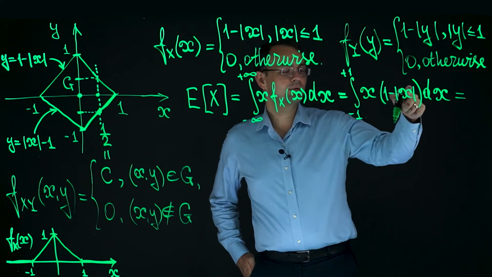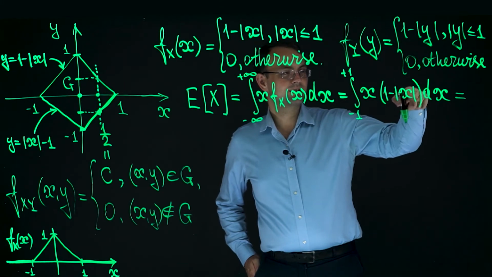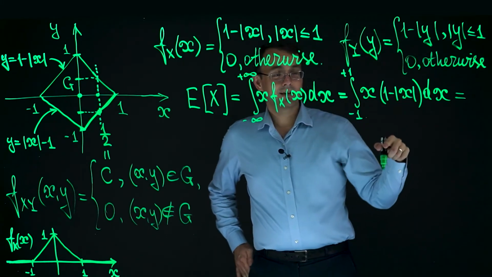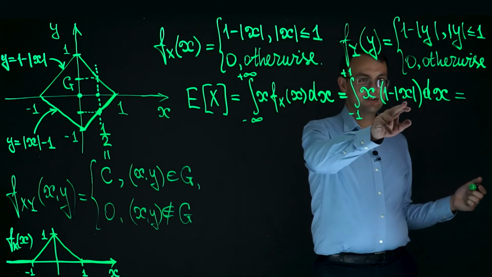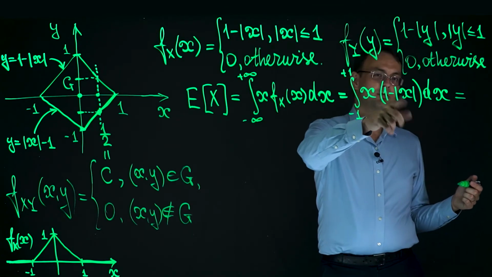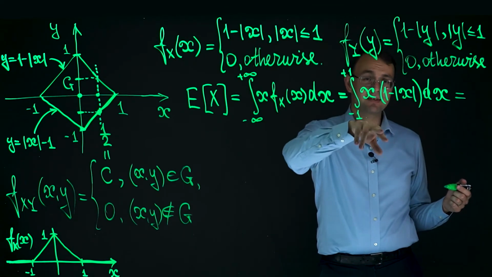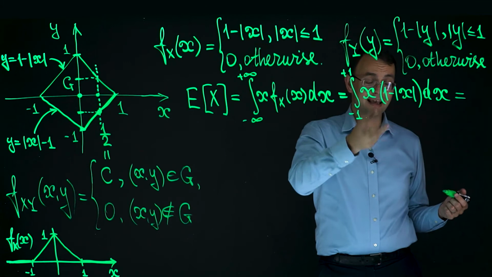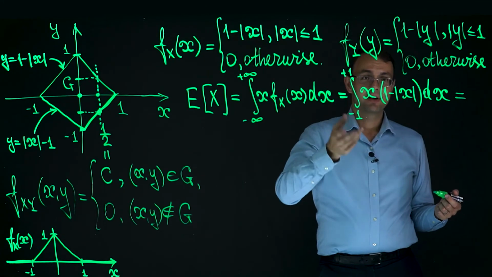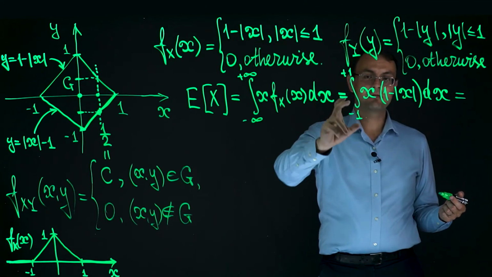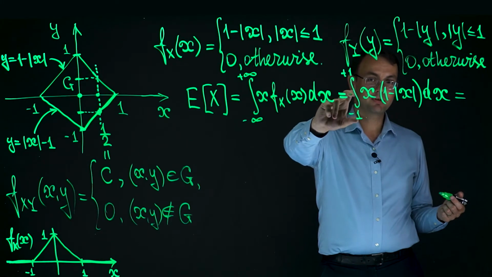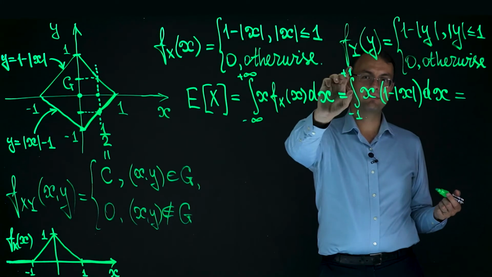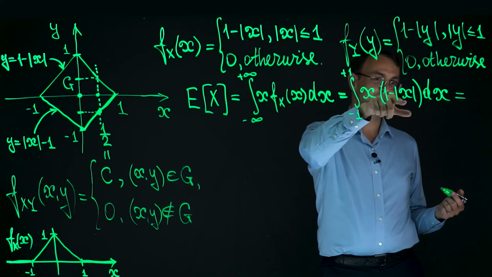So you are to remove this modulus: for negative x's, modulus is equal to minus x, and for positive x's, it is equal to plus x. So you are to consider separately integrals from minus 1 to 0, where x is negative, and from 0 to plus 1, where x is positive.